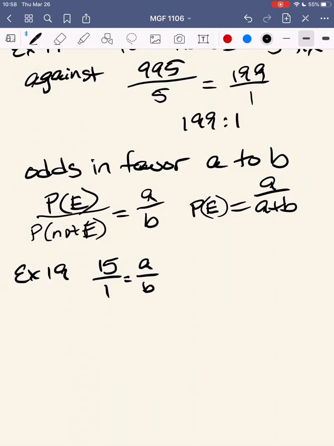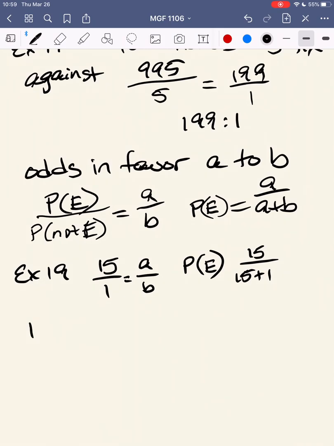So the odds against are 15 to 1, which means I have to take my 15 over my 15 plus 1, because that's my formula.